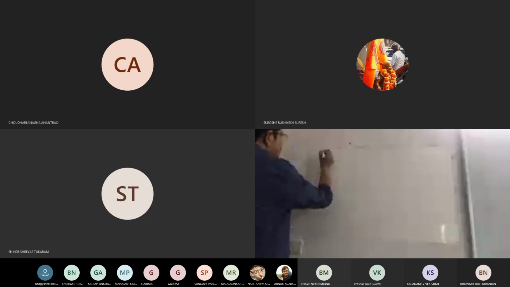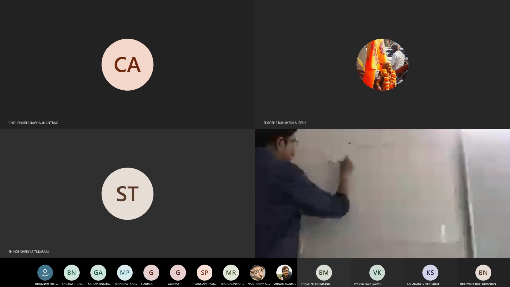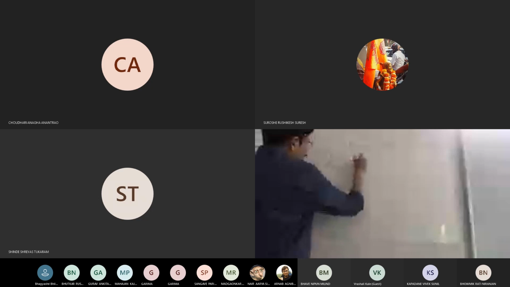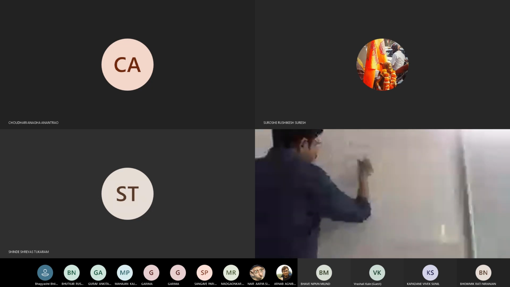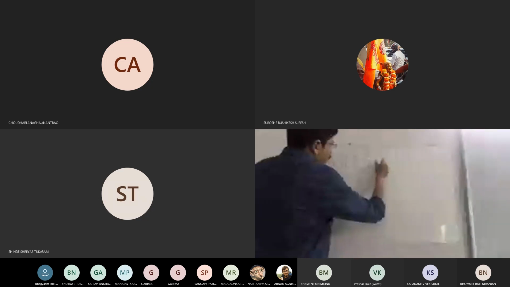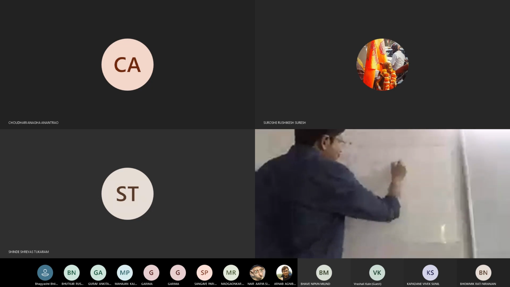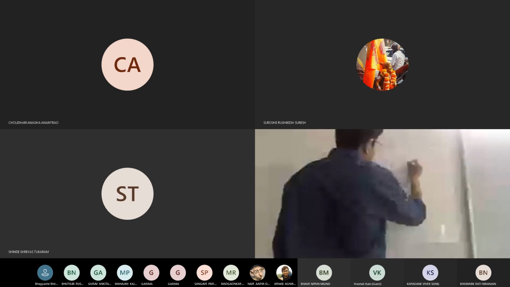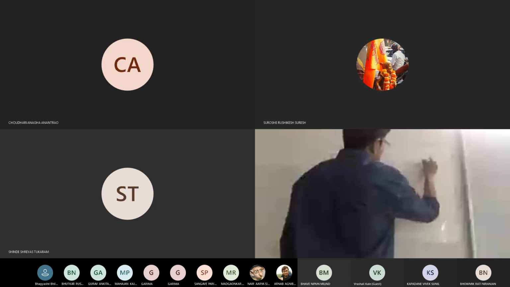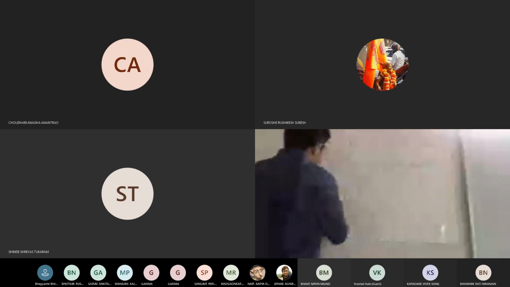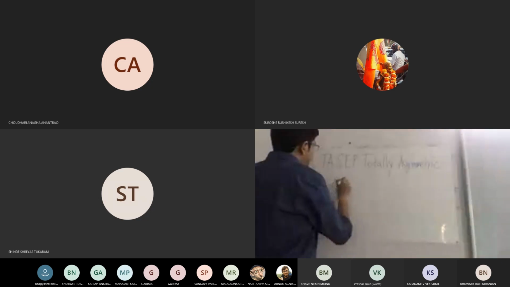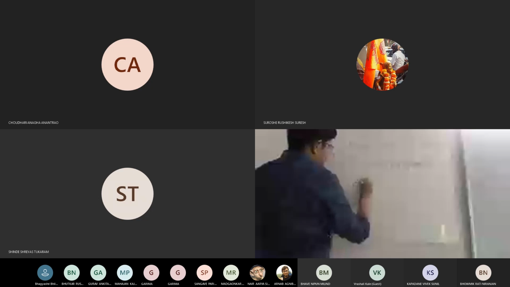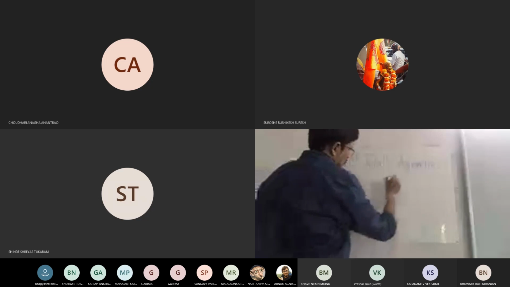So this model is called, in shorthand, TASEP, and this is shorthand for the actual name, which is Totally Asymmetric Exclusion Process.